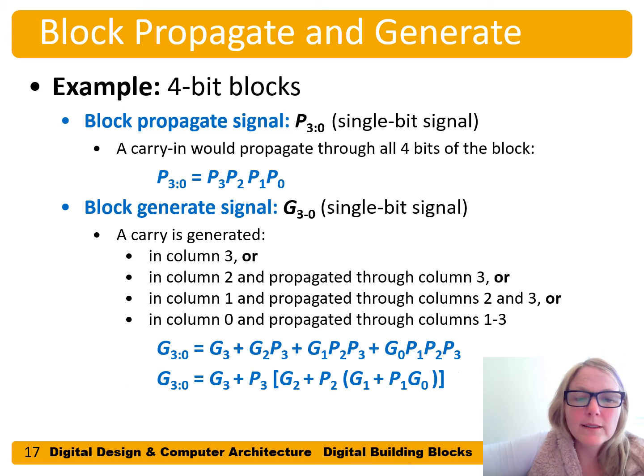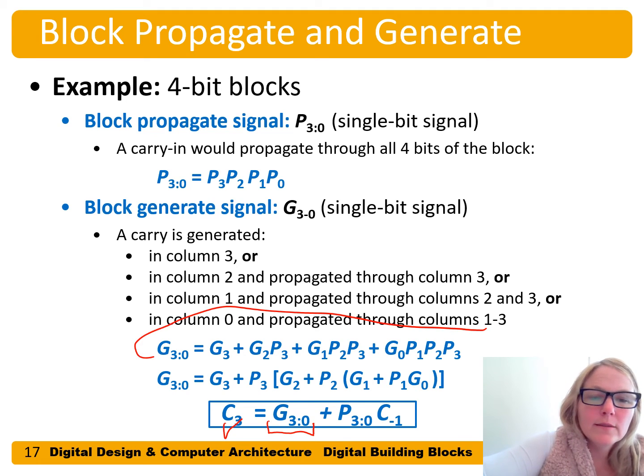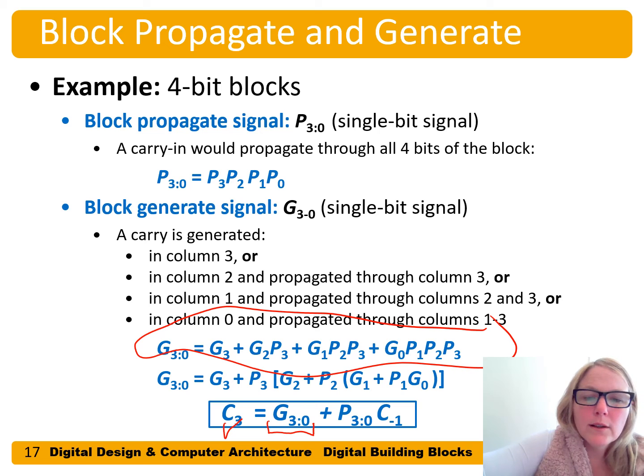Again, remember that's a 1-bit signal. And now we can write the carry out of that block in terms of these block propagate and generate signals. So C sub 3, carry out of that block, is going to be 1 if we generate a carry within that block, or we propagate a carry and there was a carry in.